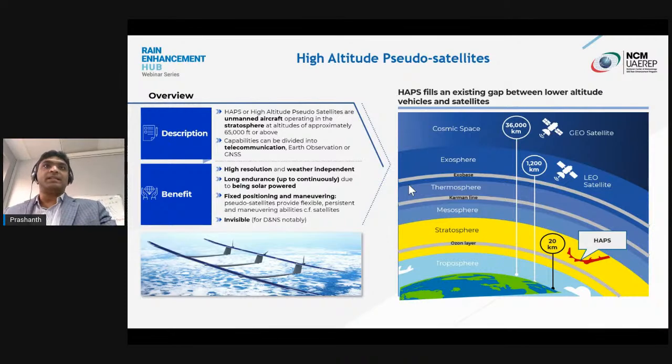So Bayanath has also invested in developing HAPS solutions.